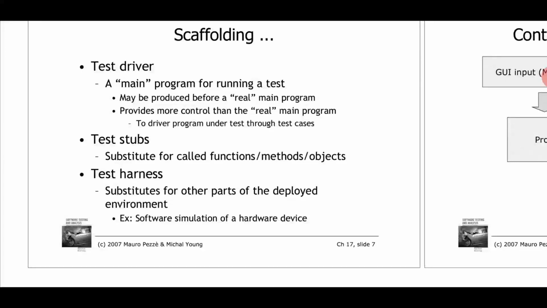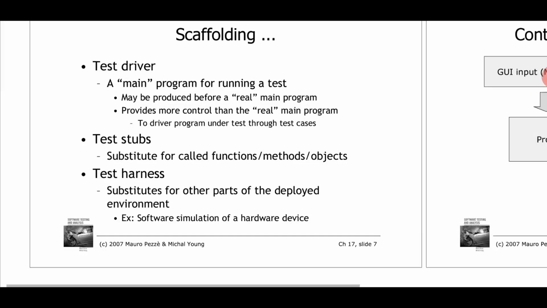So if you want to check the simulation of that particular hardware device, you're going to do the simulation. Simulation is something where, instead of doing the real thing, the real thing is represented in the form of software.